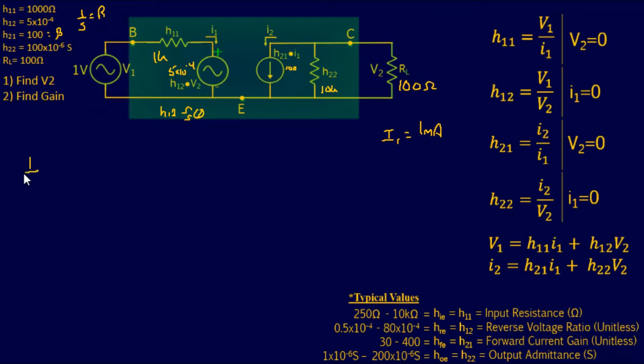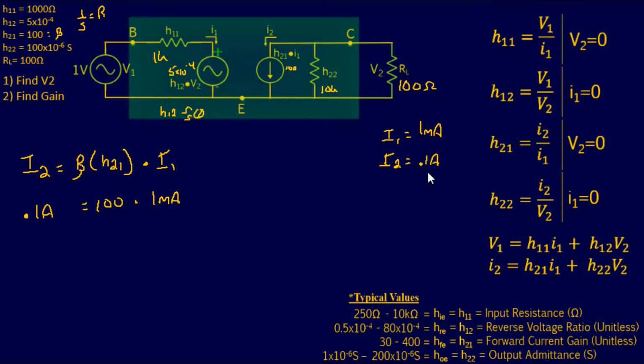So I2 equals beta, in this case H21, times I1, which is 1 milliamp. So it's 100 times 1 milliamp. That's pretty simple. You don't even need a calculator for that. You just move the decimal point over. So I2 equals 0.1 amps.